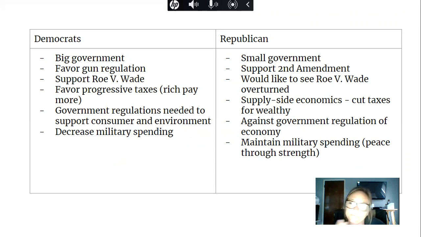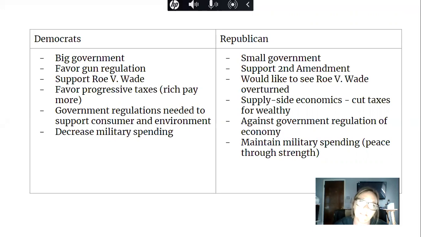We saw that during the civil rights movement, for instance, states weren't necessarily allowing African Americans the right to vote, or equal rights in general. And so the idea here with big government is that the federal government had to step in and create something like the Civil Rights Act to try to create equality for all throughout the country.